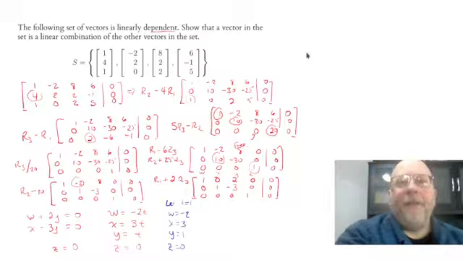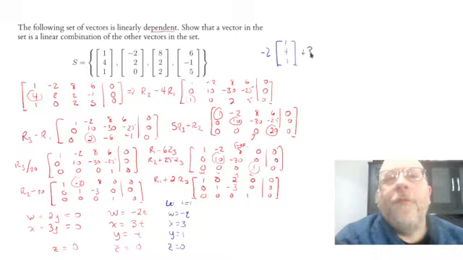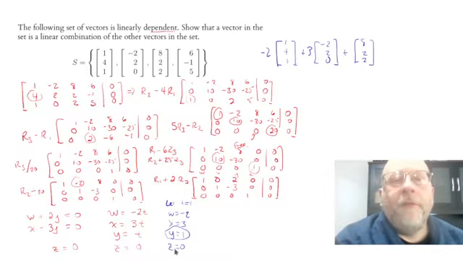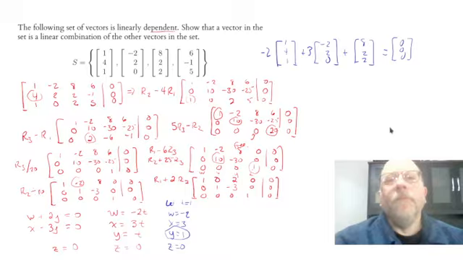So negative 2 times the first vector plus 3 times the second vector plus 1 times the third vector plus 0 times the fourth vector adds up to the 0, 0, 0 combination. We can check that that works. I'm not going to take the time to do that, but it does check.